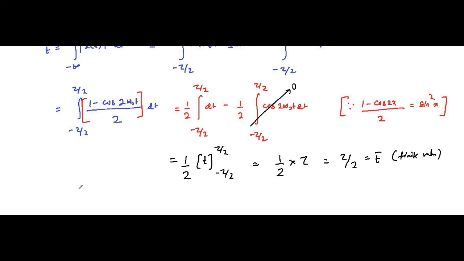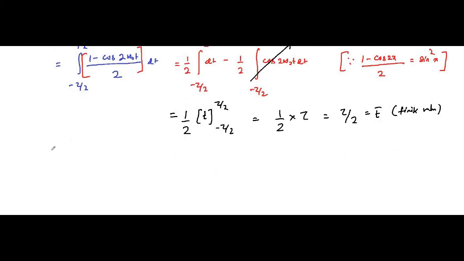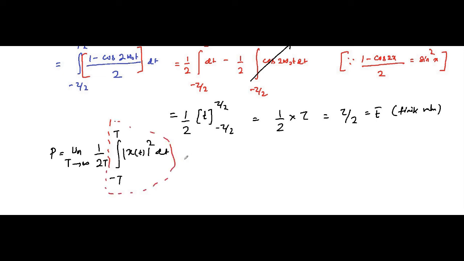Now, power of a signal is limit T tends to infinity 1 by 2T, integral from minus T to T of x t square dt. This portion, the integral from minus T to T of x t square dt with limit T tends to infinity, is nothing but the energy.